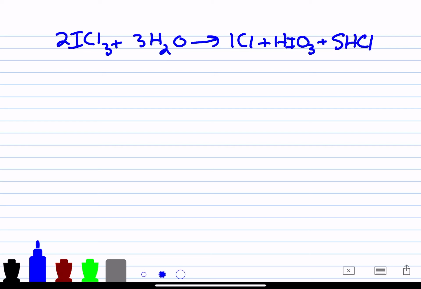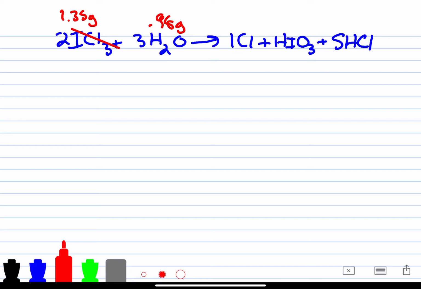The question is asking us, if we have 0.98 grams of the H2O, and we have 1.35 grams of ICl3, how many moles of HCl can we produce?